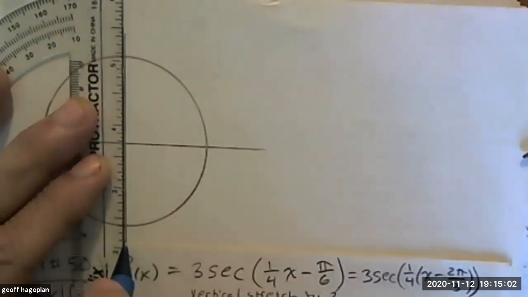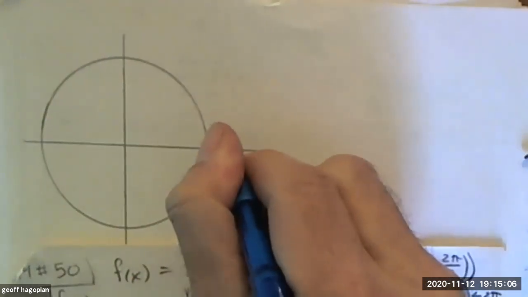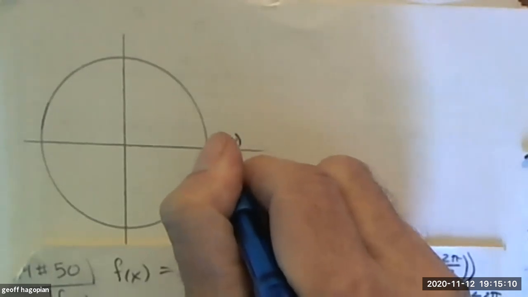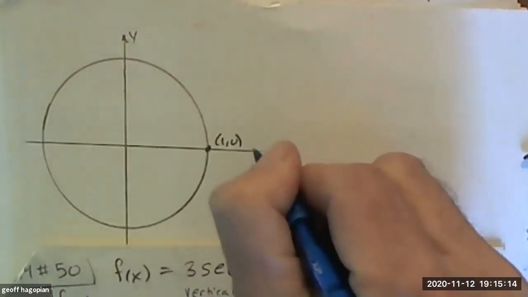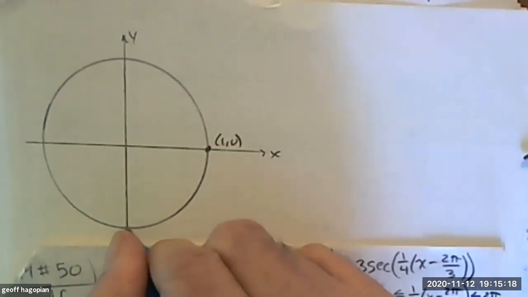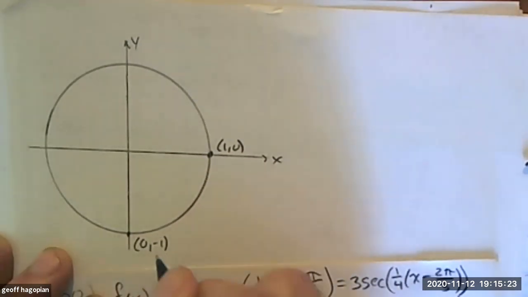And this is the unit circle. So this is going to be the point 1, 0, corresponding to a distance 0 from that position, right? So here we're at 0, -1, right?